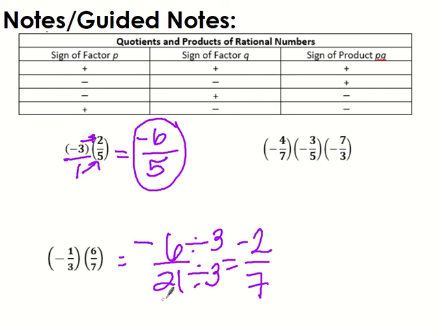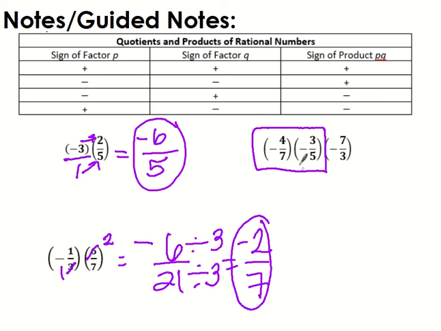You can multiply first and then reduce, or you can use the cross product or cross reduction. It's up to you on what you want to do. But there's our final answer, -2/7.